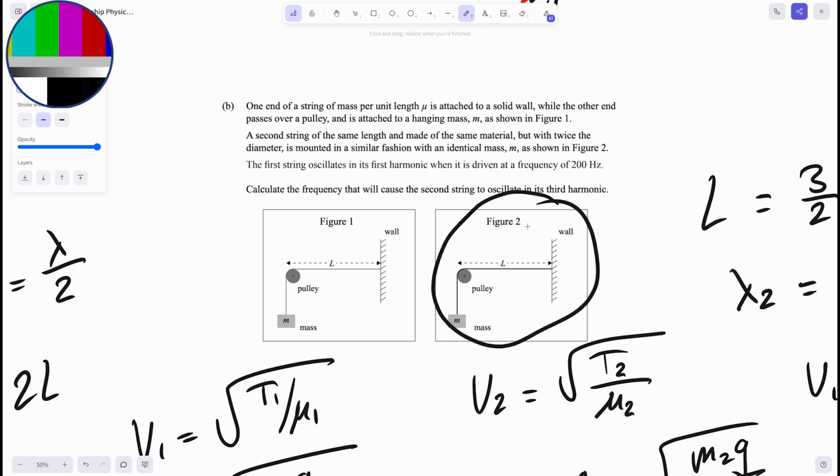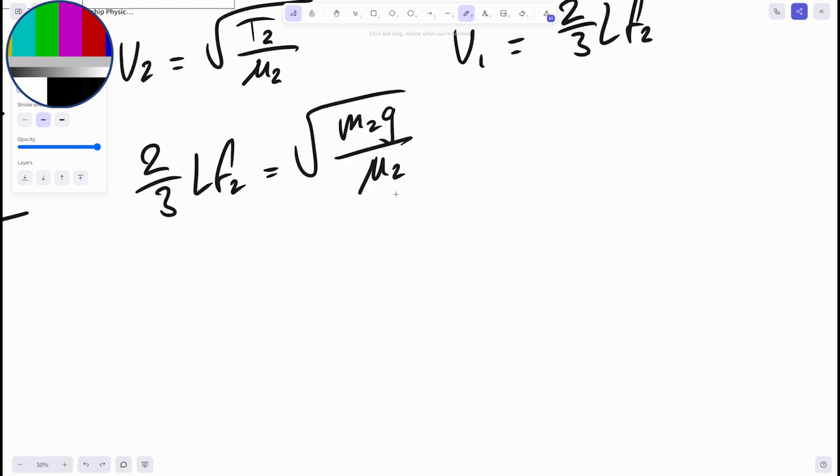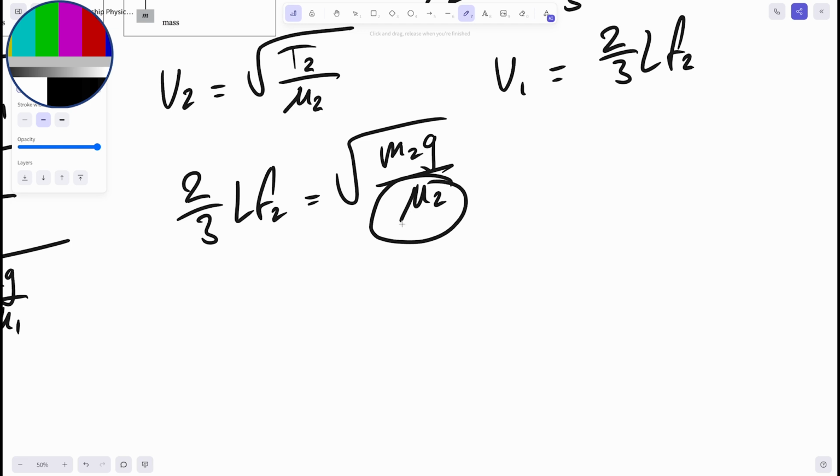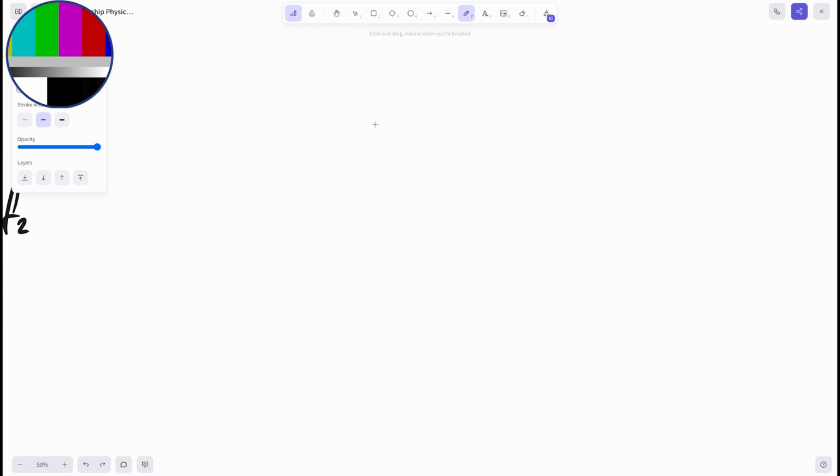So the key idea here is that in the second figure, the string has twice the diameter and therefore also twice the radius. So this is going to affect the mass per unit length. We know that mass per unit length dimensionally is kilograms per meter.